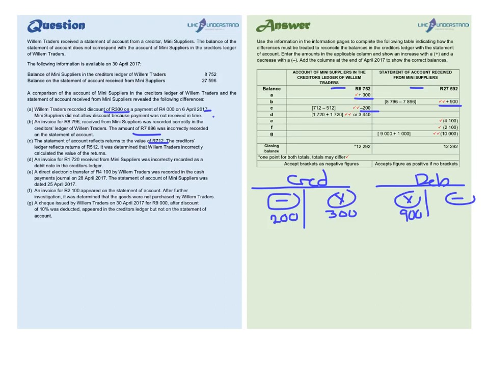An invoice for 1,720 received from Many Suppliers was incorrectly recorded as a debit note in the creditors' ledger. That means that we showed this as a debit note, putting it on the debit side of the creditors' ledger, 1,720. This was incorrect.